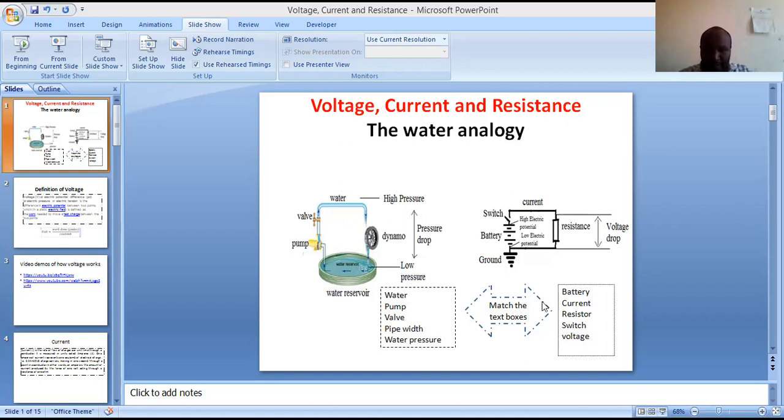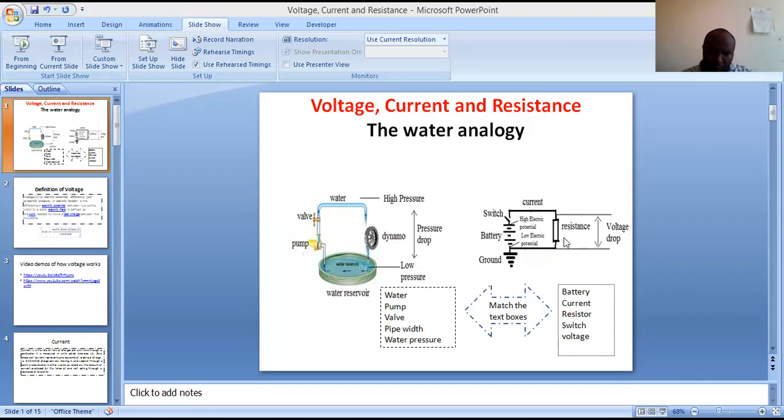Now, in my diagram on this other side, I have a battery which is supposed to drive current through the circuit, and there is a resistance, or we usually call this the load. This is the appliance that is absorbing the electrical energy and transforming it to some other form of energy.